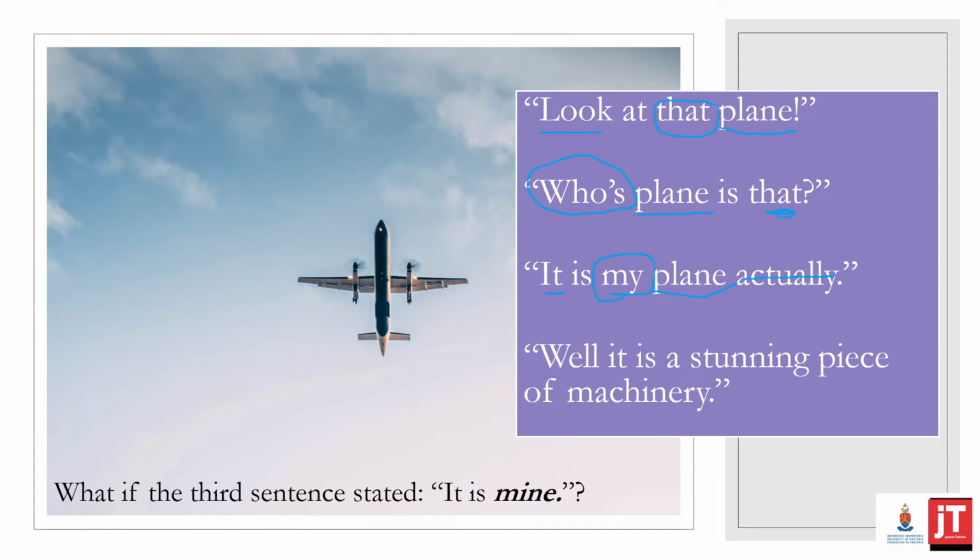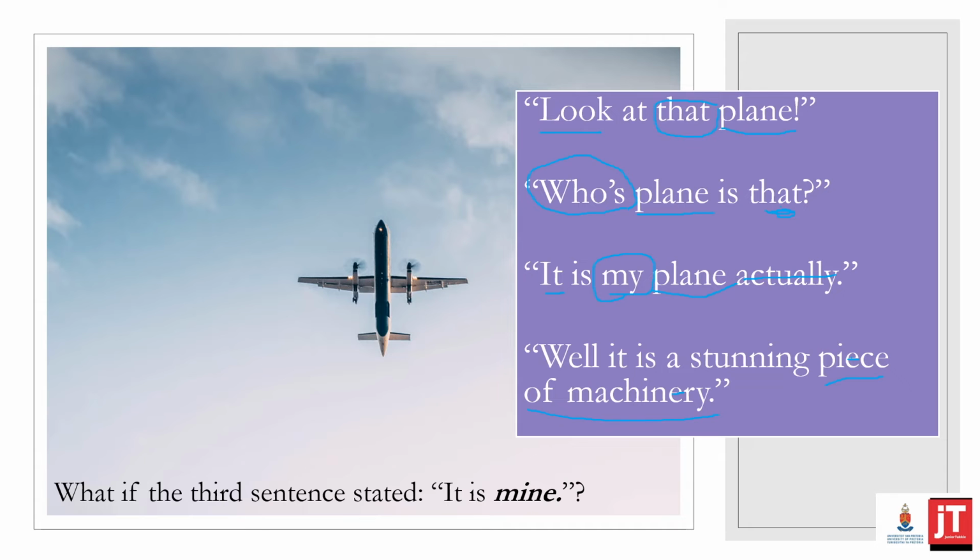Well, it's a stunning piece of machinery. The noun here is piece of machinery. I don't know why these E's look like C's. Perhaps it's the font that I chose. Sorry, guys. But stunning piece of machinery. Where would the adjective be?